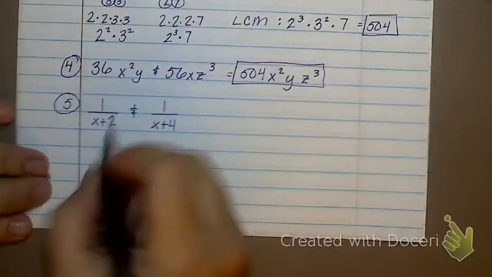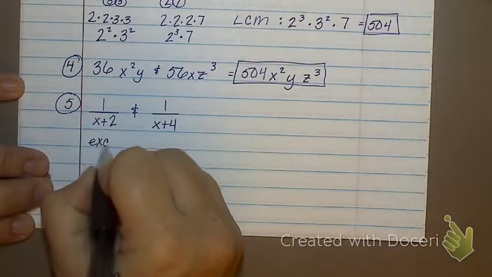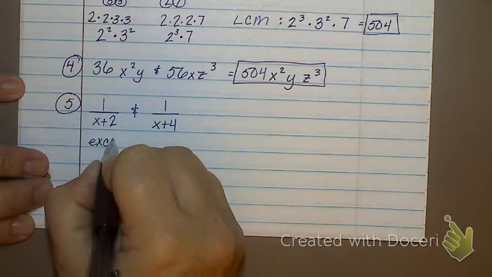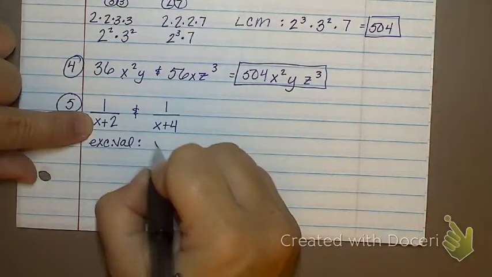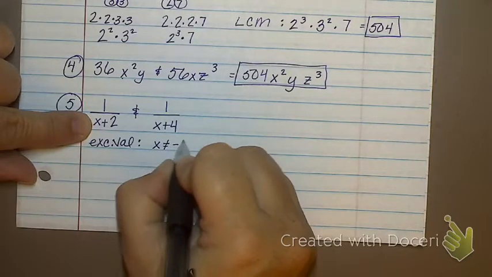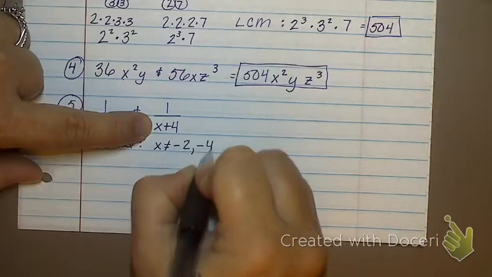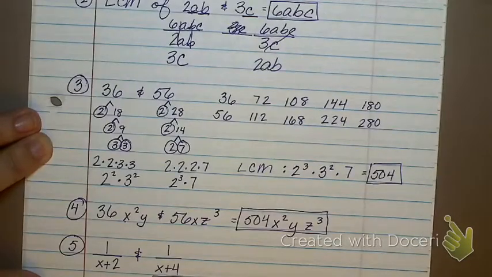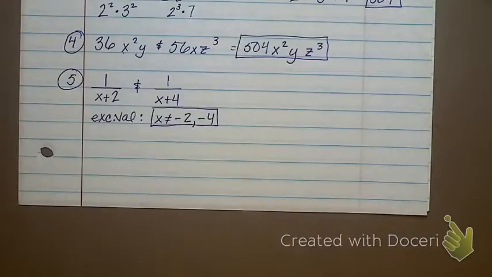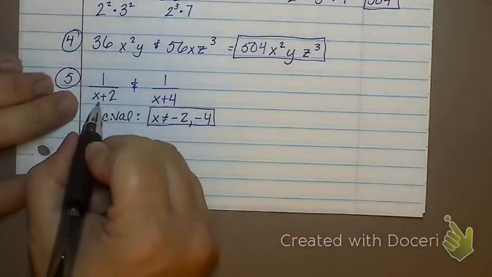First off, it'd be easiest to do the excluded values, wouldn't it? What's the excluded value here? -2, and here? So those are my excluded values. That's easy. Up here, I didn't have to worry about excluded values because I wasn't talking about fractions at all, was I? Okay.